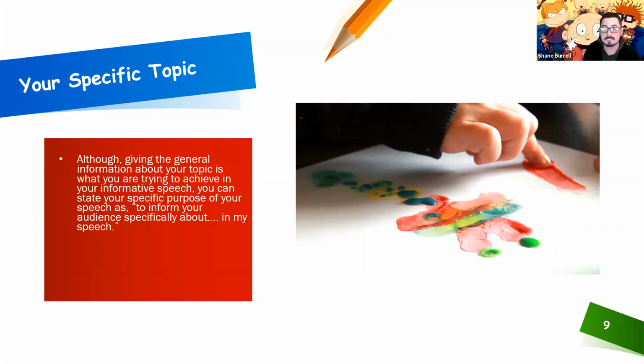Specifically in space, I'm going to inform you about the research on space. That's very specific, as far as general goes, which would be more like there's so much information about space. So you see how the two compare and contrast.